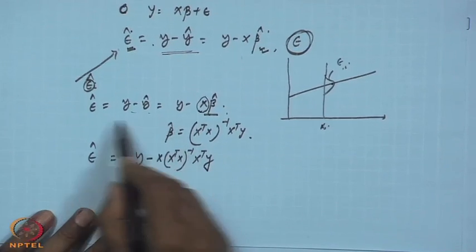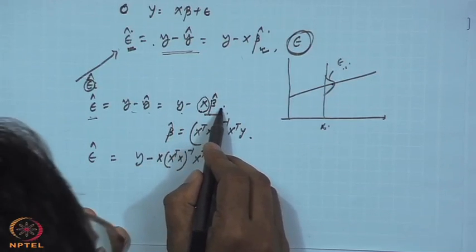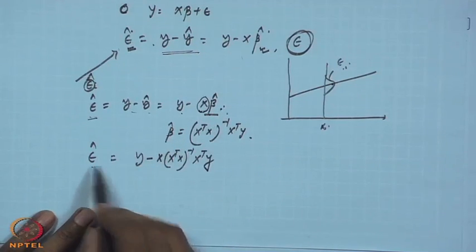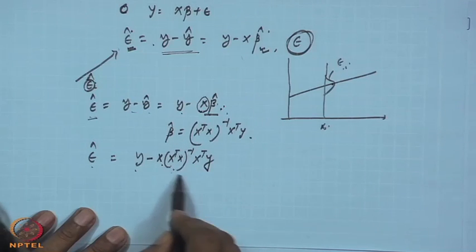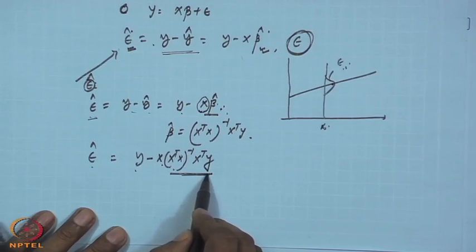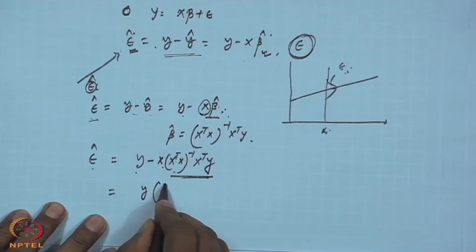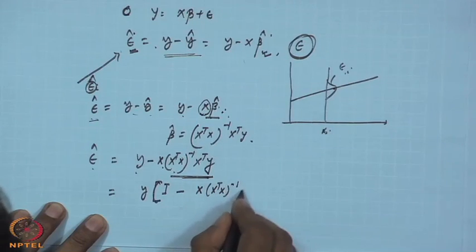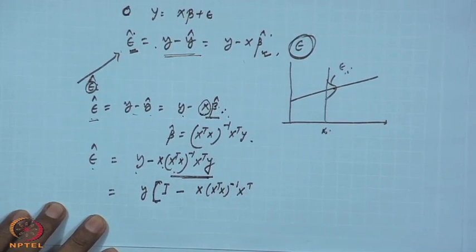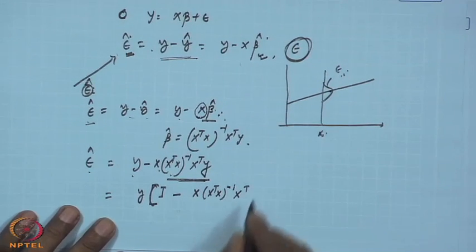So, I am writing the same: y minus x into beta cap, where beta cap is x transpose x inverse x transpose y. Now I can write this as I minus x transpose x inverse x transpose, correct.